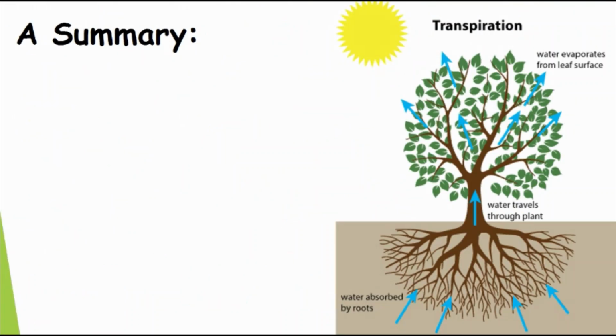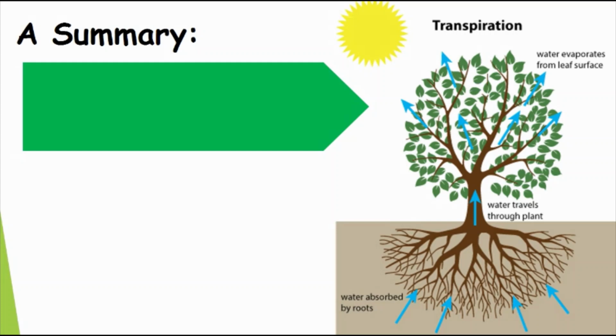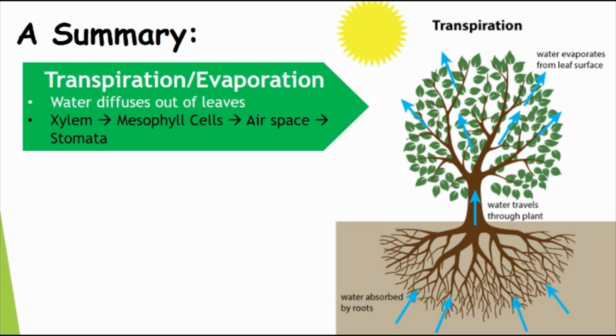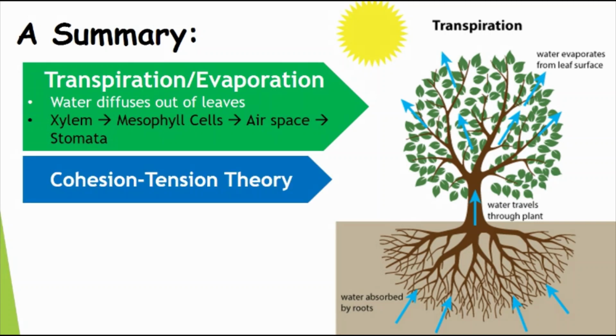So as a quick summary for ourselves, transpiration is to do with all the different bits of the plant. In the leaves, we've got transpiration or evaporation, where water is diffusing out from the xylem to the mesophyll and then out through the airspace through the stomata. In the stem of the plant, we have those xylem vessels, so we know about the cohesion tension theory. We know about the cohesion between adjacent molecules of water.